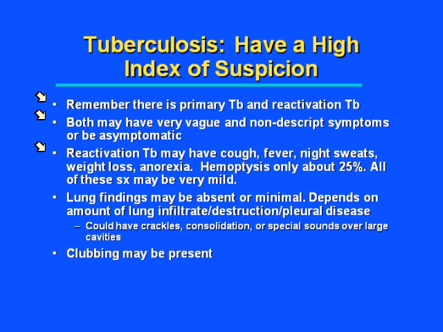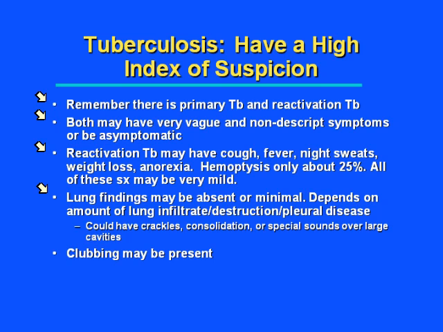So with reactivation TB, the patient may have some cough, fever, night sweats, weight loss, anorexia. Hemoptysis is a component, and whenever you hear about hemoptysis, you think about tuberculosis, but it's only in a relatively small percent, and all the symptoms may be mild.